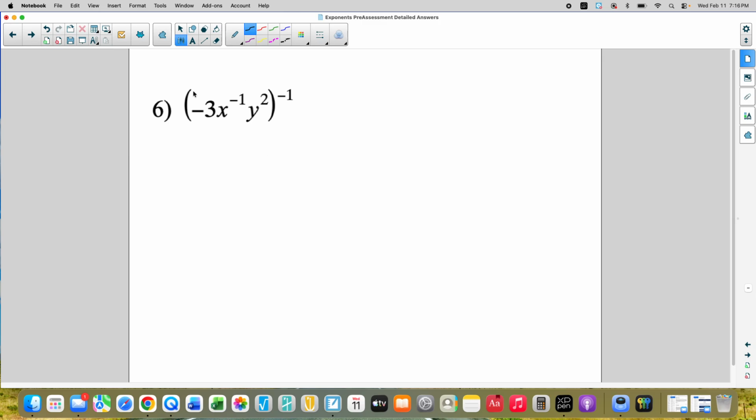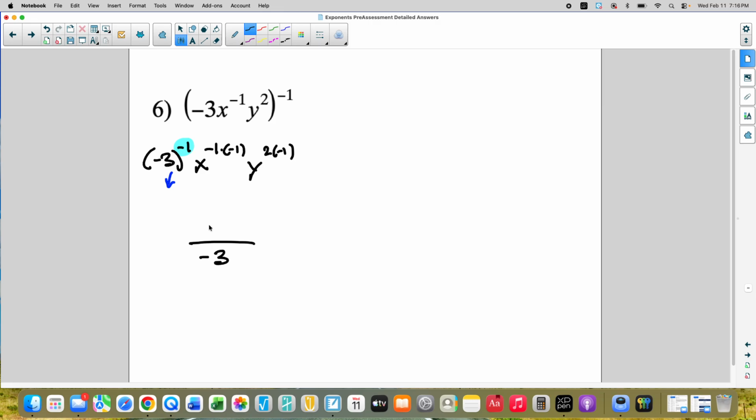So this isn't interesting. We can distribute, and I'll show it both ways. We'll distribute. That's -3 to the -1, x to the -1 times -1, and y to the 2 times -1. So now, if I'm going to deal with this exponent, this is going to go down into the denominator. So we get -3 in the denominator.